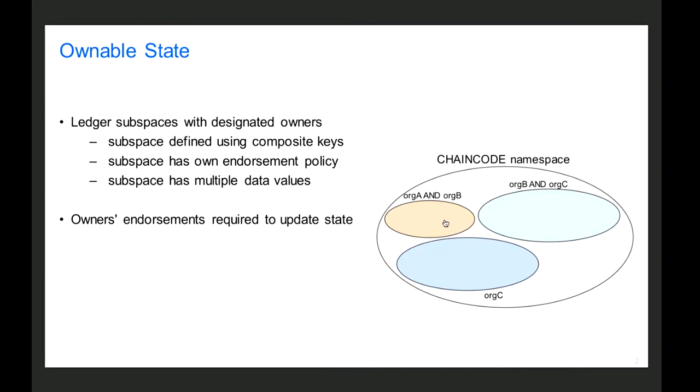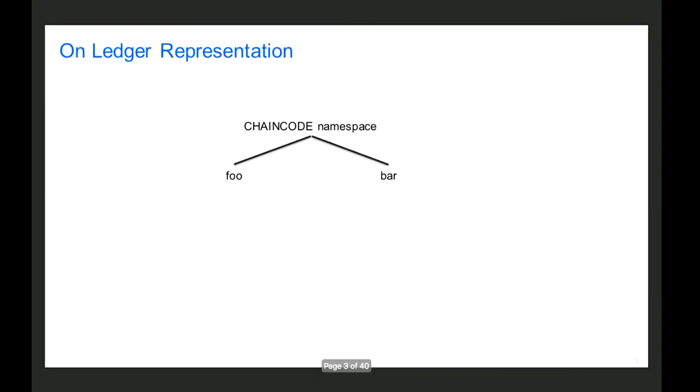So let's have a look at how this is represented on the ledger. We have the root chain code namespace, and under it we have our various key value store entries. It could, for example, be a key named foo with some value and a key named bar with some value. This remains completely unchanged.